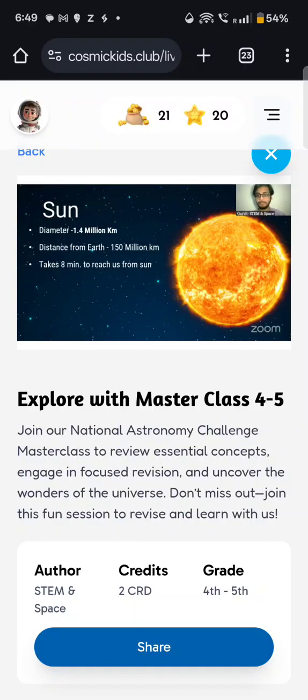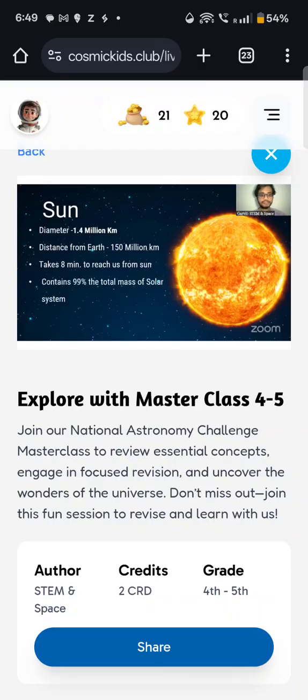It has a diameter of 1.4 million kilometers, and the distance from Earth is 150 million kilometers. When it comes to the sun, everything is in millions. And it is so far away that even light, the fastest thing in the universe, takes 8 minutes to reach us from the sun. 150 million kilometers, very far away.